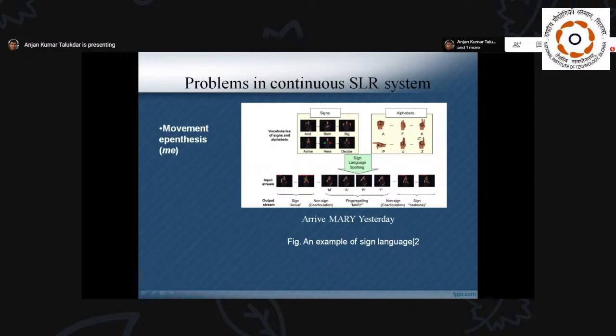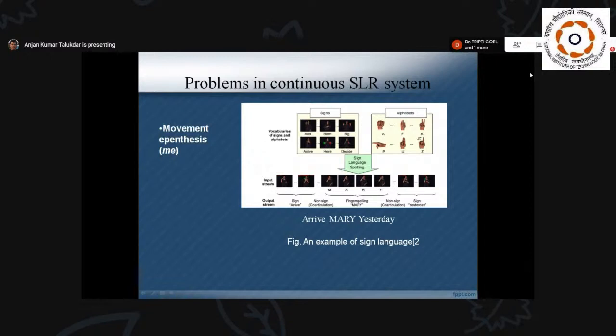But in the case of continuous sign language, for example a sentence, one sign is followed by other signs in a single video. So there is a continuous sequence of signs. That is continuous sign language recognition.